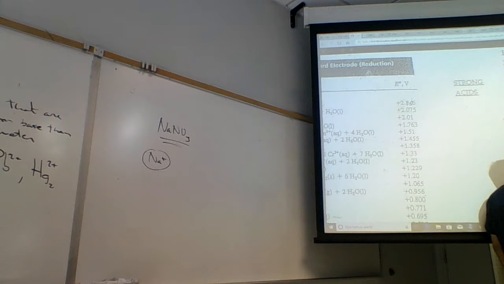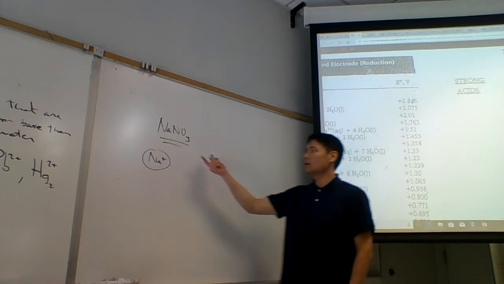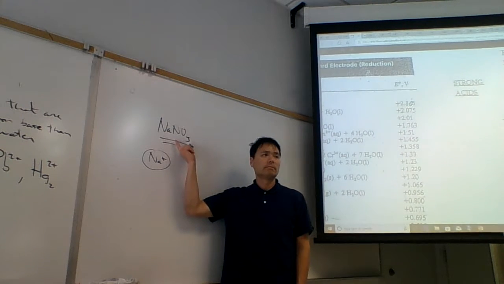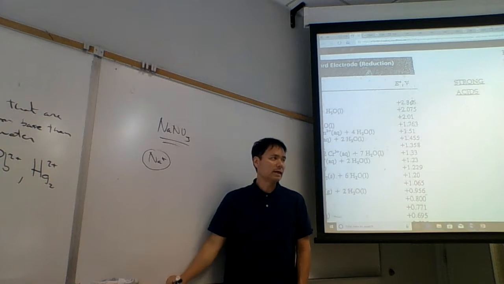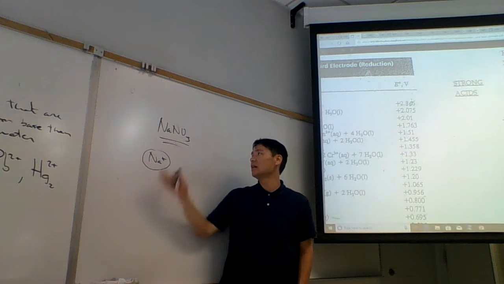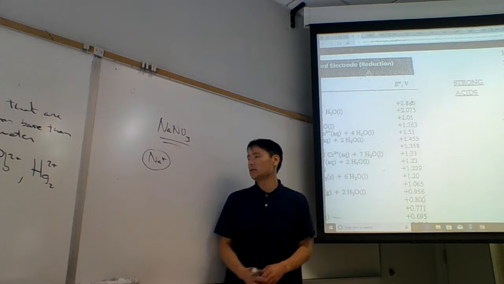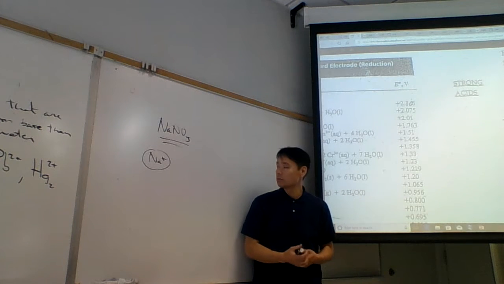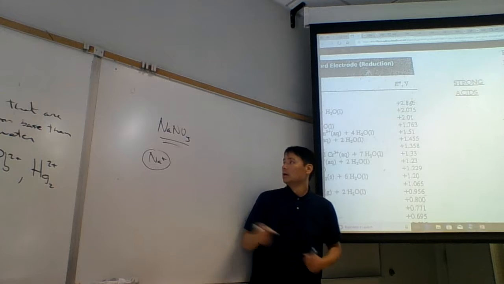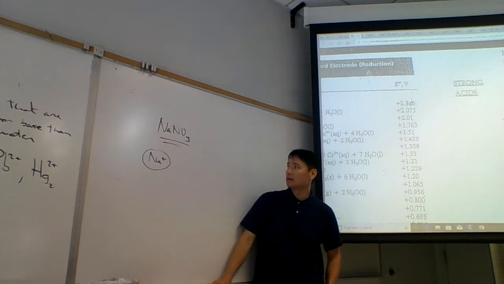In fact, it's so weak, we don't even consider it a base. Sodium nitrate, what do you think the pH in water is? pH 7. Sodium nitrate in water is going to be pH 7. It's because sodium ions, not acidic, nitrate, not basic. Even though it is a base on here, the only way to make it a base is to force those ions together.